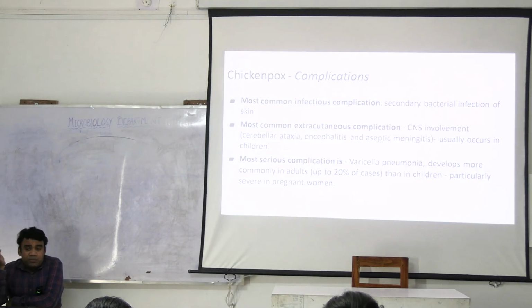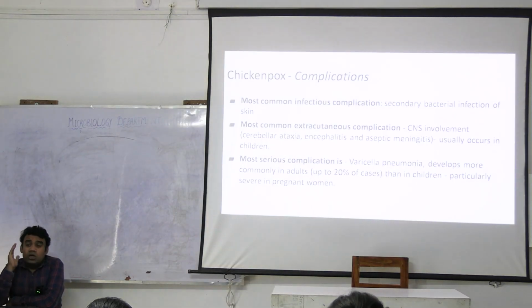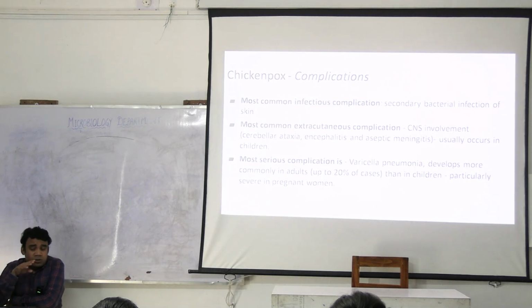If these things come up, that means you have to suspect the patient may have secondary bacterial pneumonia, and in this case scenario you have to give antibiotics. Whereas in the primary respiratory complaint in chickenpox, it is due to viral pneumonia. There antibiotics have got no role. Okay.